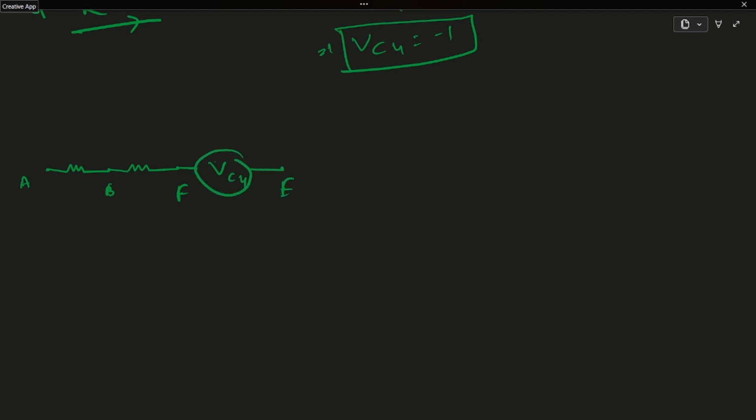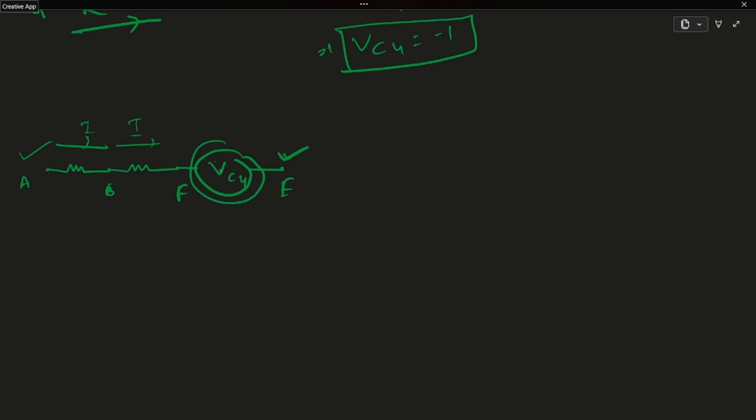This is point E. We have to find the voltage difference between these two points, right? So how are we going to find it? Similar start. Here the current I is flowing, and here the current I is flowing.